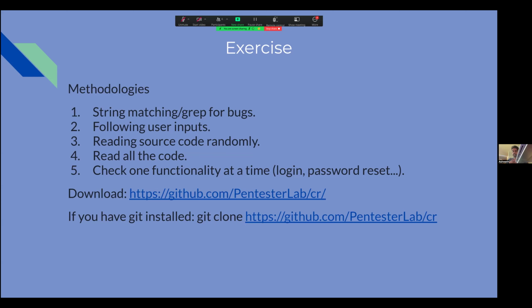You can start reading the source code randomly, or you can check one functionality at a time. You can look at login functionality to see if there is any potential vulnerability, or look at password reset functionality.